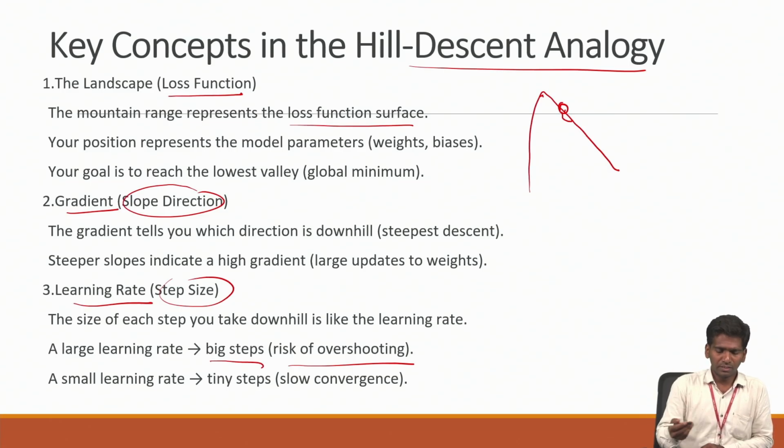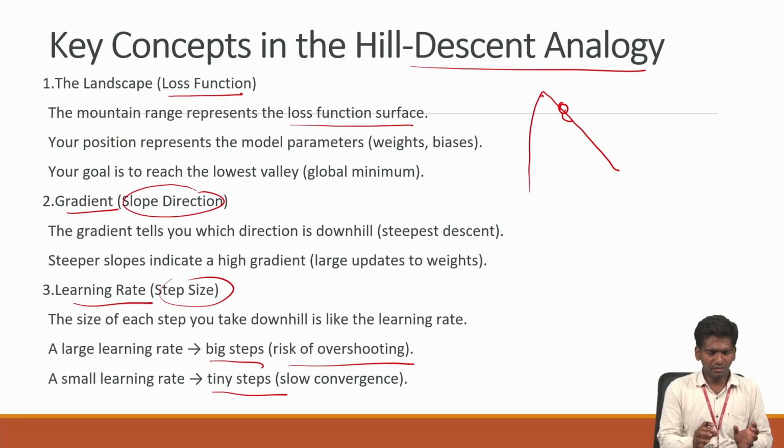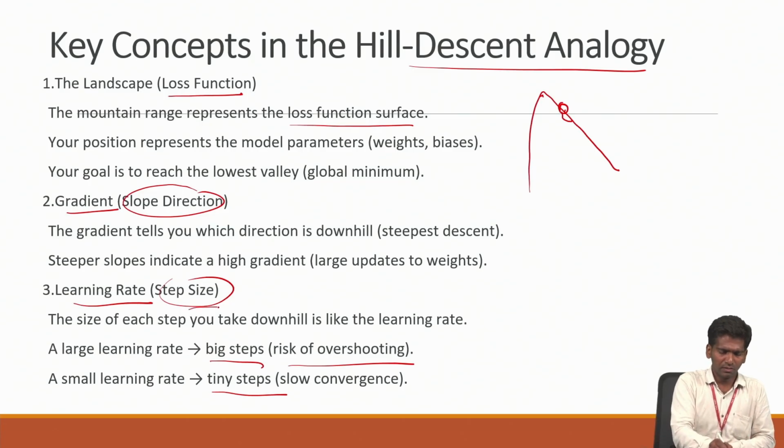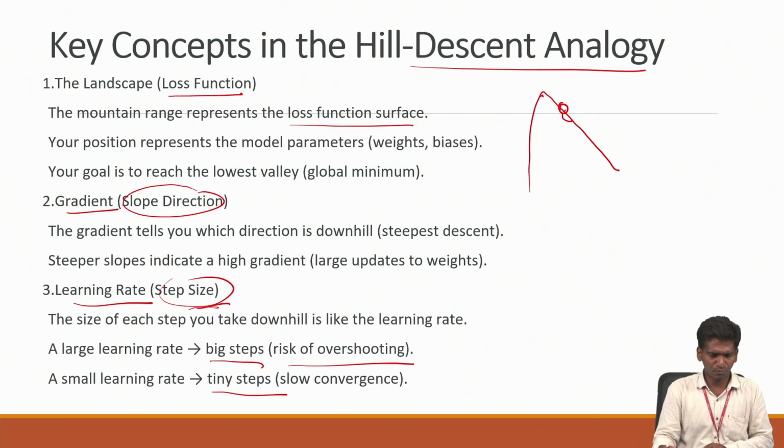A small learning rate means tiny steps. So learning rate can be contrasted with step size, and gradient can be considered like the slope direction.